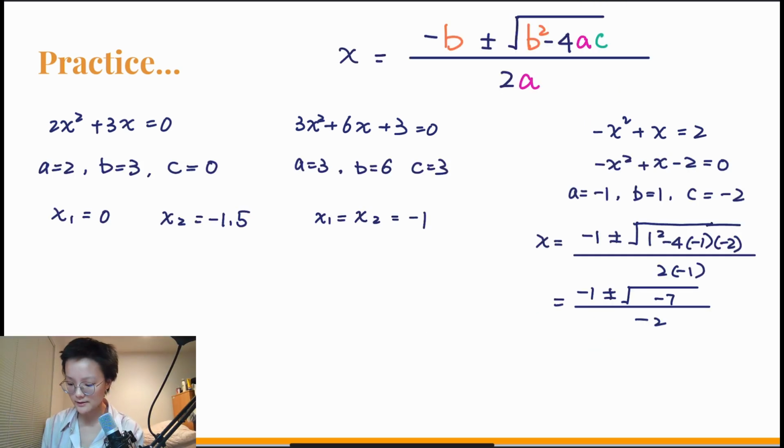Okay, let's see the answers. So the first one, we can obviously see the values of A, B, and C. We don't have a C here, so C equals 0. And I skipped the intermediate step because I believe it should be fine by just substituting all those values into this formula, and we will get two roots or two solutions, 0 or negative 1.5.